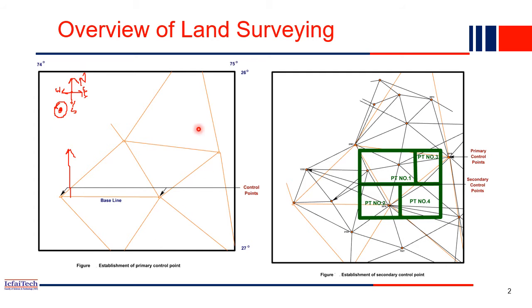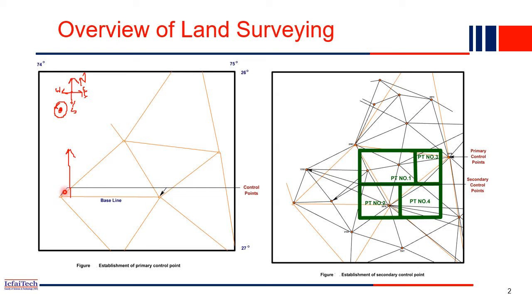To start the field survey, we should know at least two control points: the latitude, longitude, and the elevation above mean sea level. First we go to the site and find this point, which is the control point we know, with its latitude and longitude. By connecting these two points, we know this is the baseline.